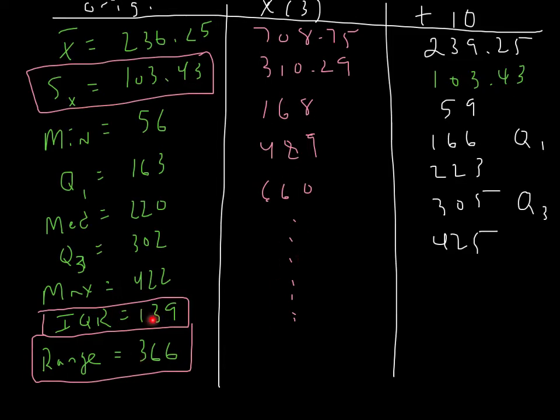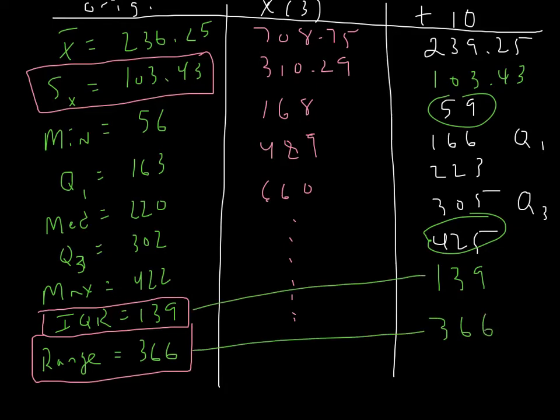My IQR is going to be 305 minus 166, Q3 minus Q1, which is still 139. And my max minus my min, which is 425 minus 59, is still 366. So those stayed the same. What are we trying to say here?